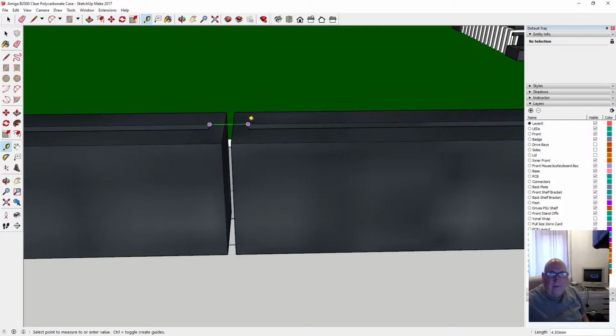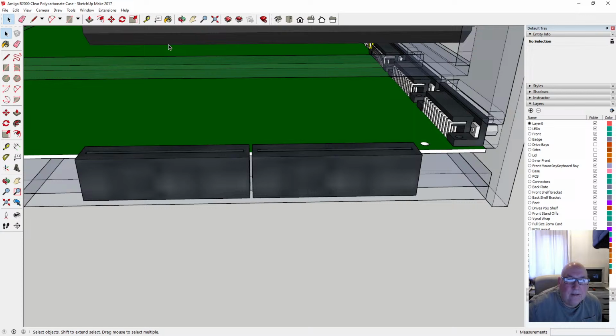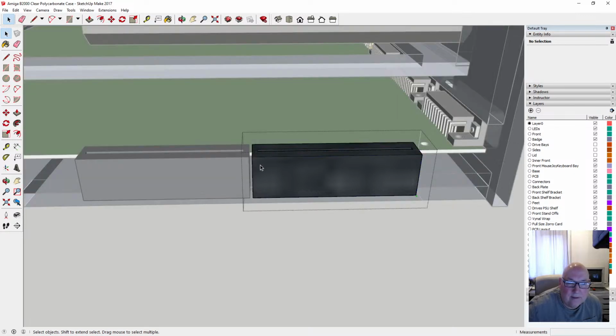No, we've actually got 5.5. Right, so let's just measure that again. Right, so they must be too big. Let's just reduce them by half a mil.